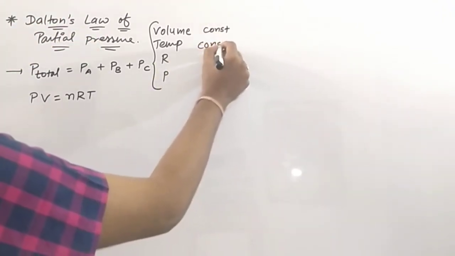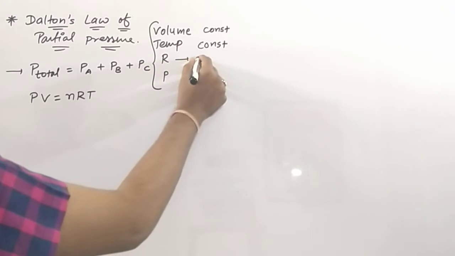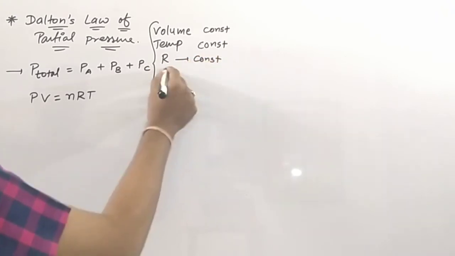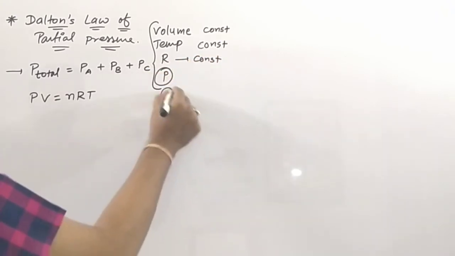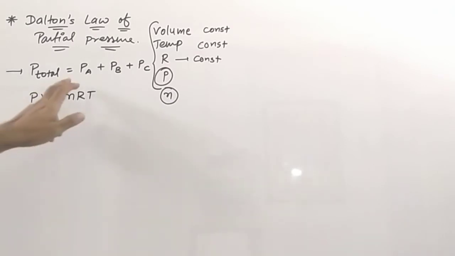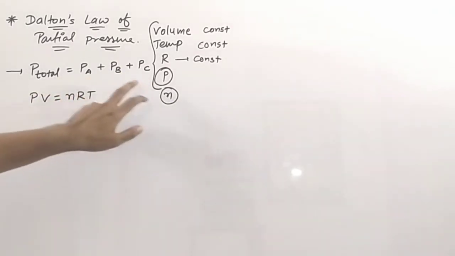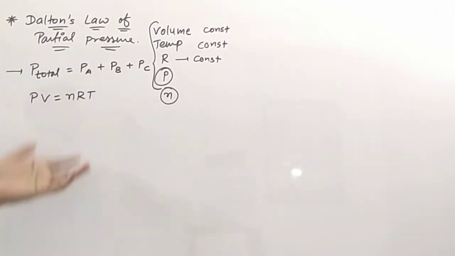Temperature was also constant, and the gas constant is itself a constant. So pressure was changing, and moles are variable. It means moles are different in all three. In PA different moles will be there, in PB different moles, and in PC different moles. So here two variables are there, only pressure and moles.